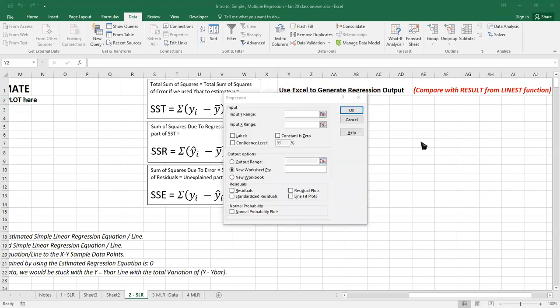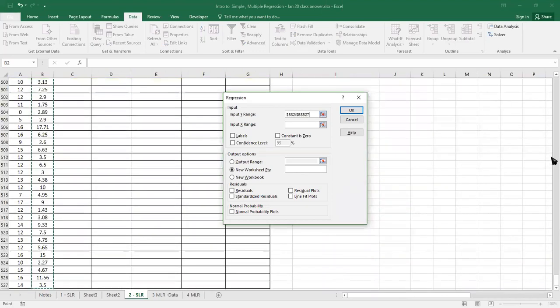So ito yung dialog box na dapat natin i-fill up. Ano daw yung input range? Ano yung Y range? So we know that Y is the dependent variable, which is your hourly wage. Okay. So here it's B2 up to B527.